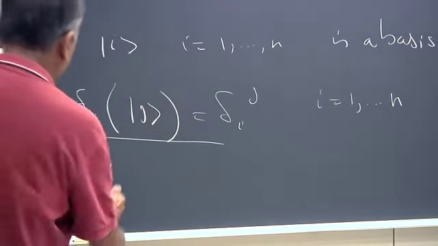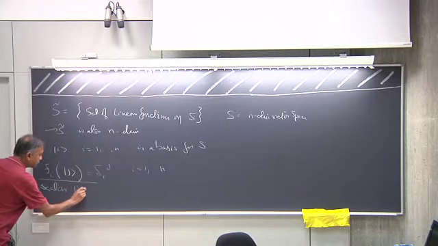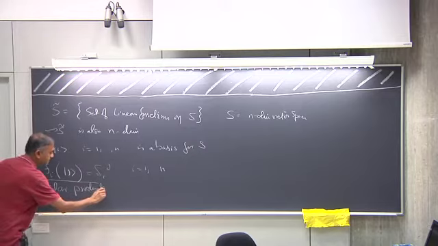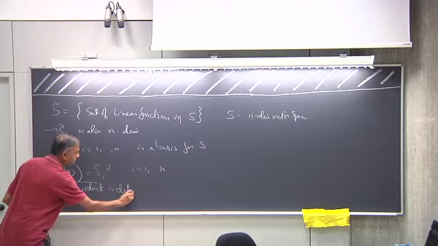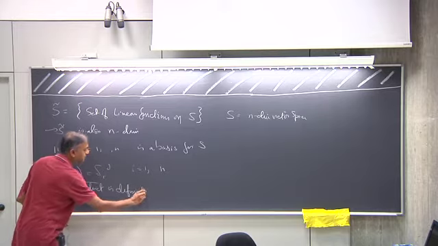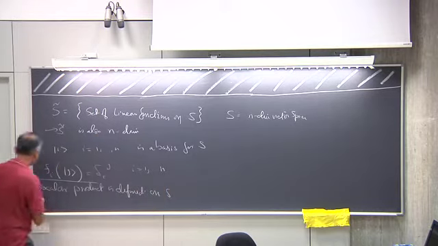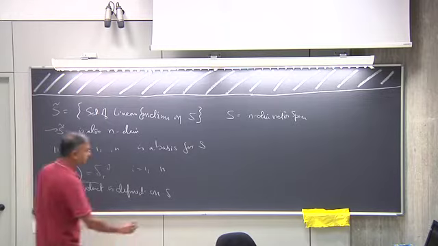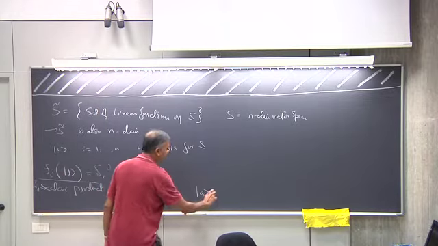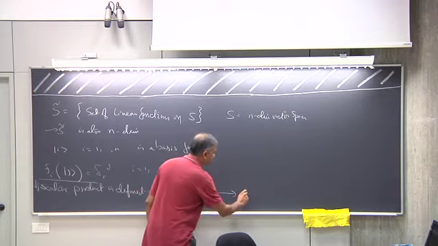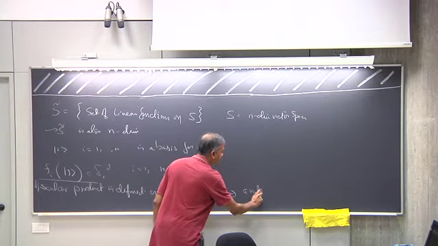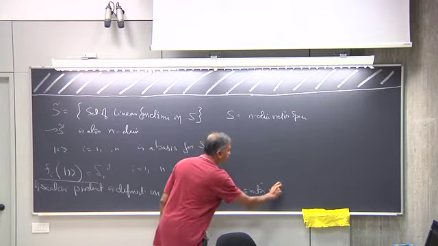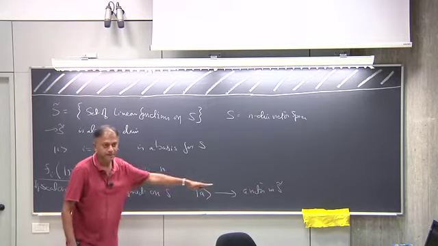However, if a scalar product exists or is defined on S, then for every vector A, I can associate a particular vector in S tilde. We can give a map, a one-to-one map.